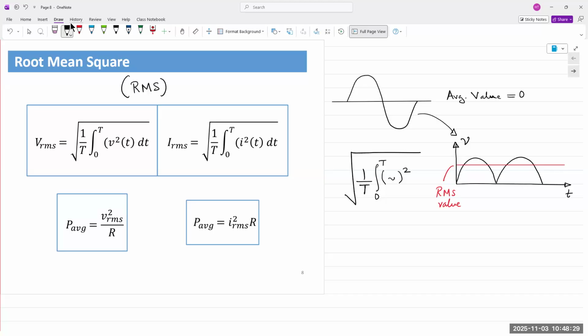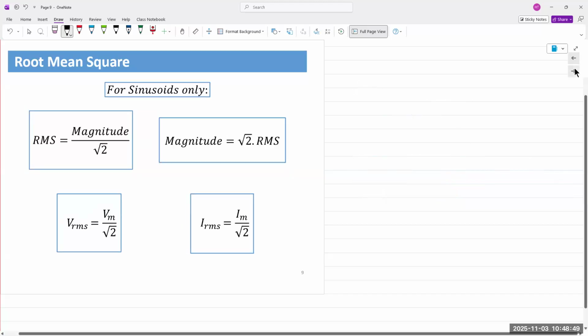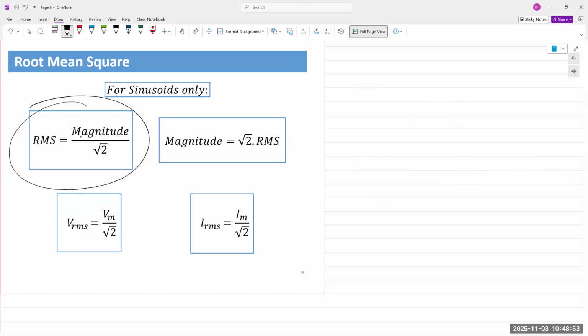Because this applies to all AC waveforms, it applies to sinusoidal, triangular, square wave, every single kind of waveform. It doesn't matter what kind of shape that waveform takes. But for sinusoidal, meaning for sine waves and for sine waves only, the RMS value is given by the magnitude divided by √2.